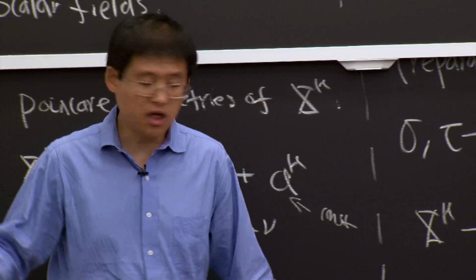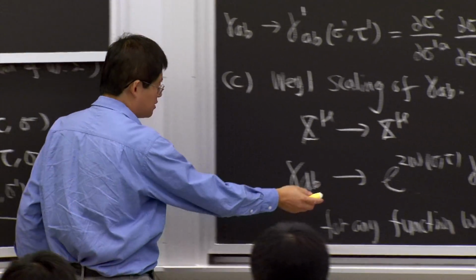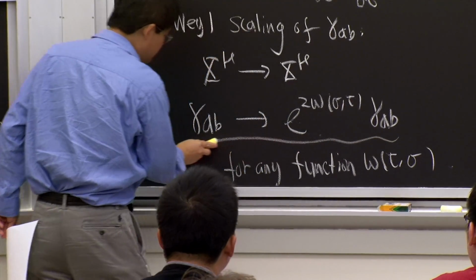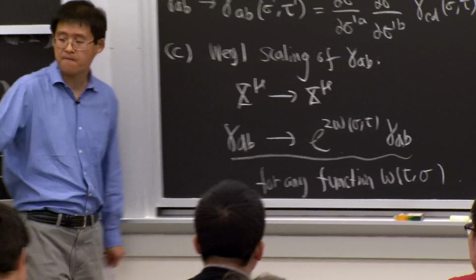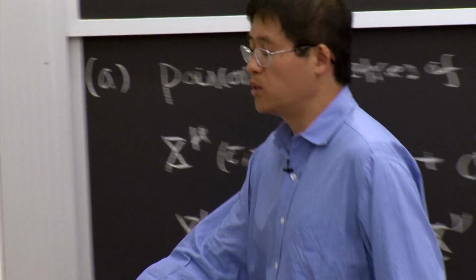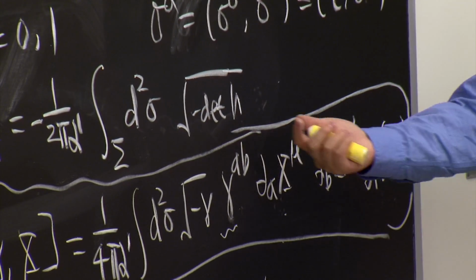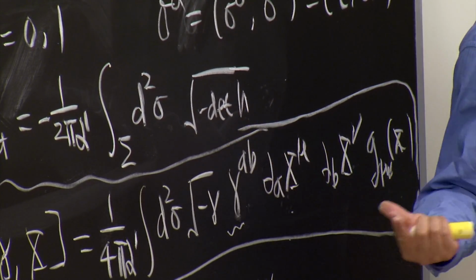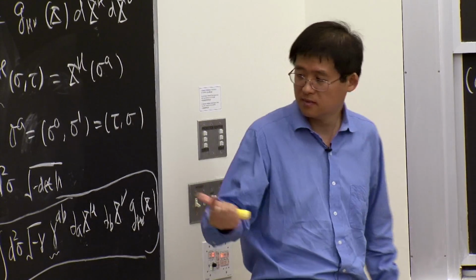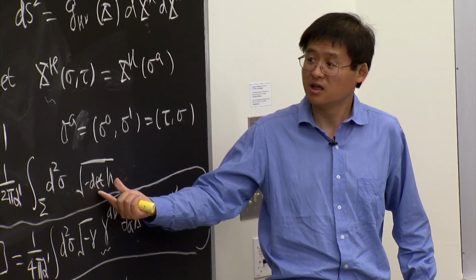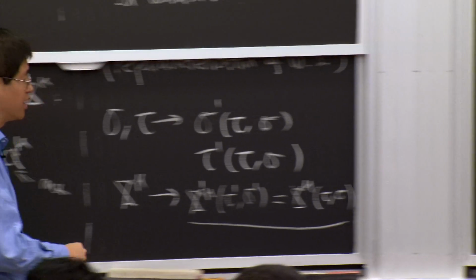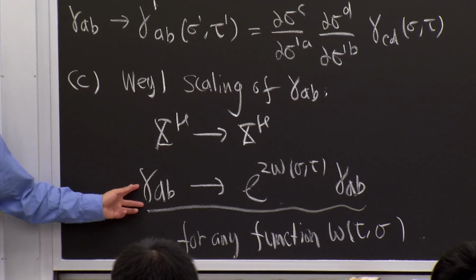You can also get a feeling for why this is such a symmetry just by looking at the relation between the Nambu-Goto action and this action. In the Nambu-Goto action there's no gamma, so in some sense you can say it is automatically invariant under this kind of symmetry because there's no gamma.